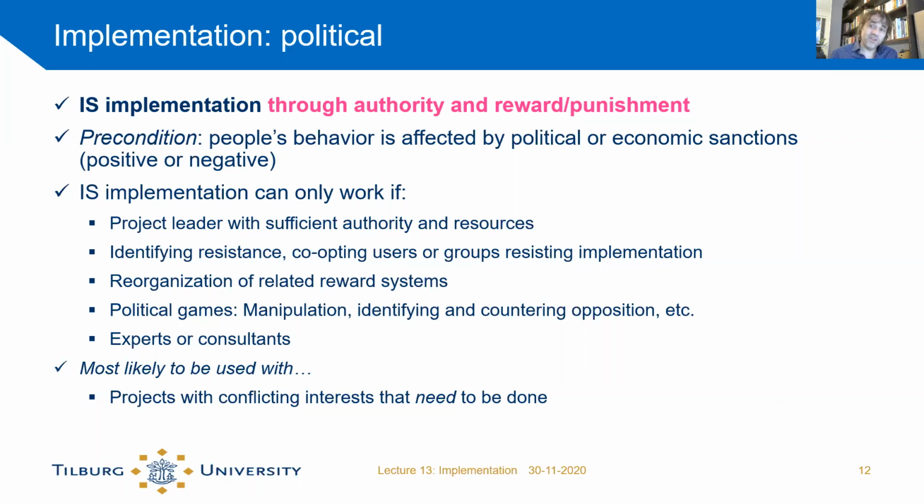So that's, I think, really a good example of a political strategy, which was bad for that person, but I think overall good for the community and organization as a whole. So it was a bit deceitful, but I think it was within the ethical boundaries of the organization. But this is clearly an example of a political strategy of implementation.